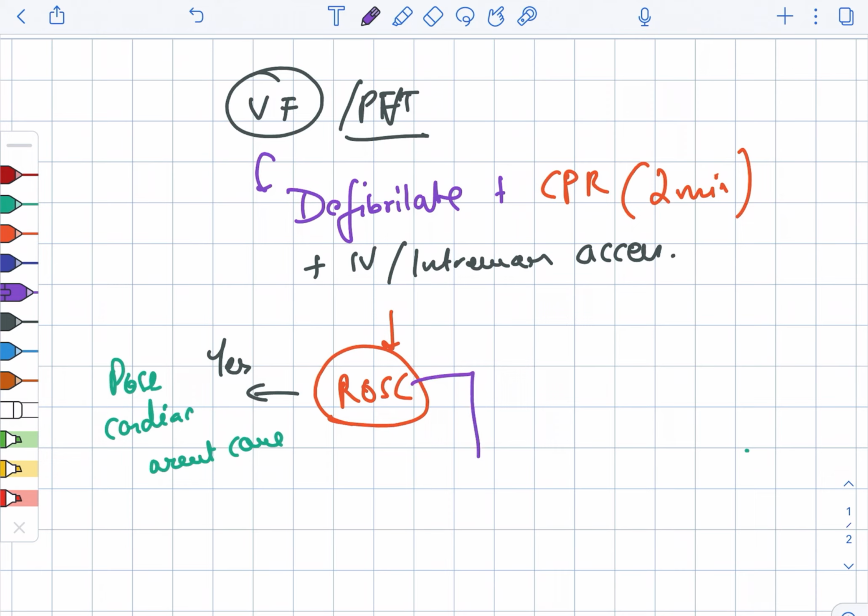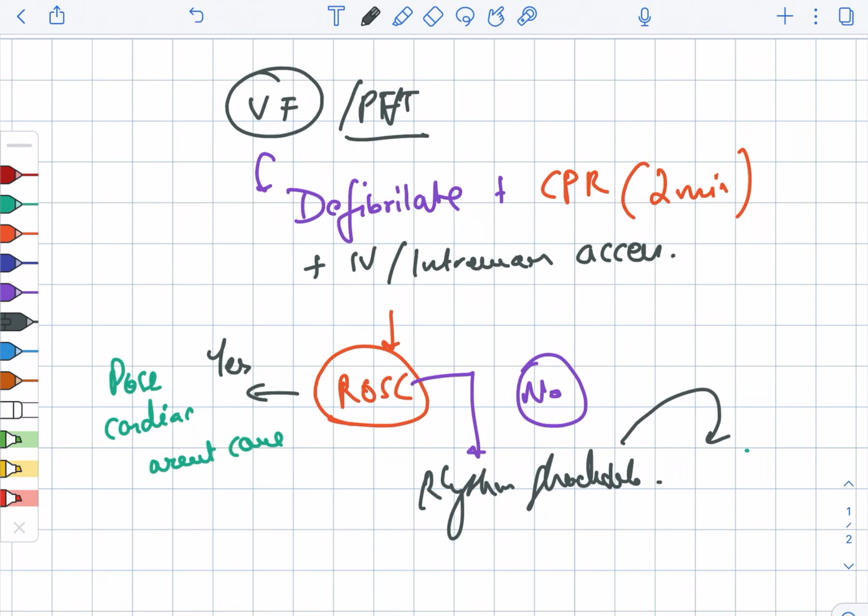Now in cases of the ROSC, if it is no, we see if the rhythm is shockable. If it is non-shockable, if the answer is no, we go to the management of the asystole as well as the PEA.